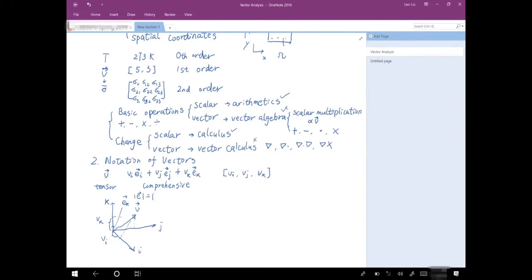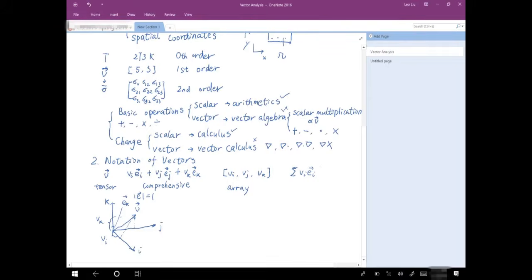Sometimes, some people prefer to simplify this comprehensive notation for writing tensors. The comprehensive way can be written as the sum of v_i e_i.